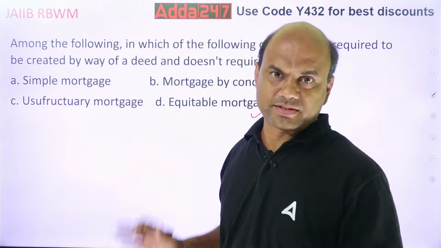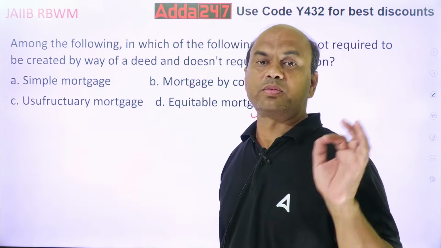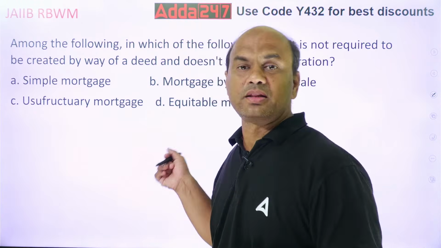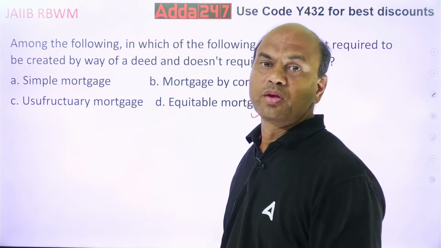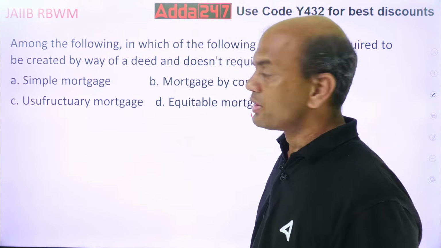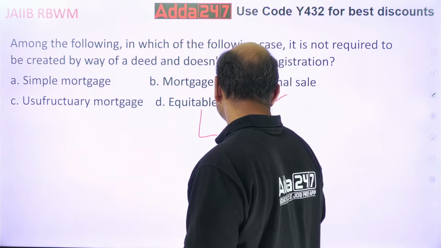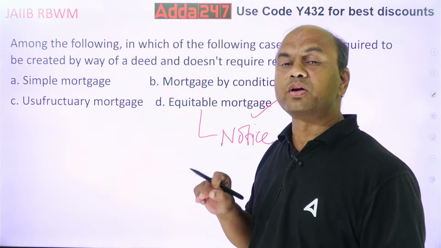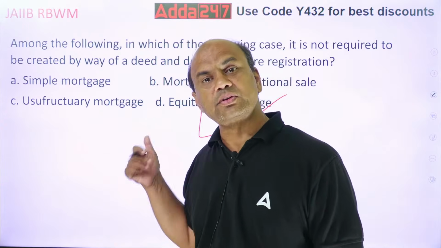there is a catch in this. In equitable mortgage, it is not required to be registered with the sub-registrar. But does anyone know what the catch is? The problem is, whenever you have an equitable mortgage, within 30 days you have to give a notice, or a note, to the sub-registrar to keep the record of the same.